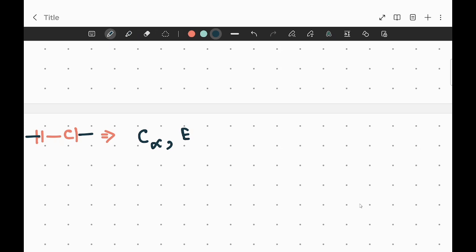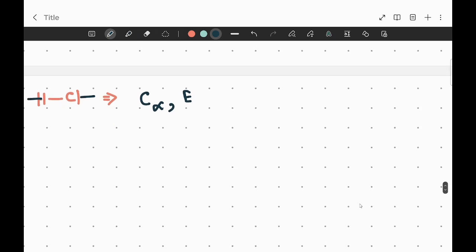So in the case of this type of heteronuclear diatomic molecule, there are only two elements, C infinity and E. Is there any other? So what should be the point group? It's C infinity v, right?